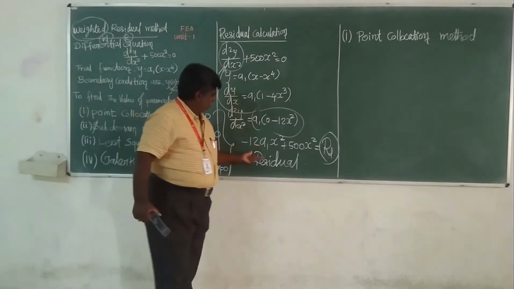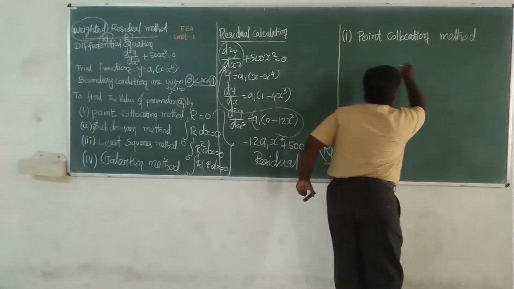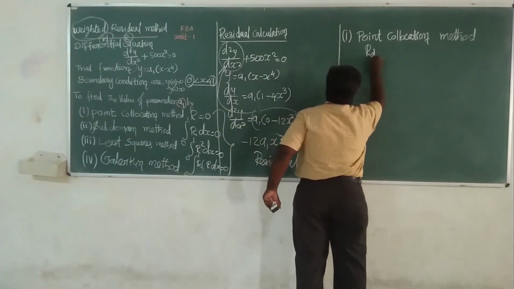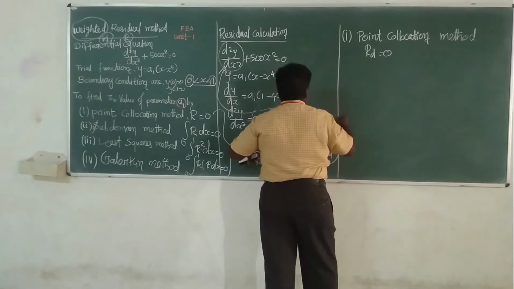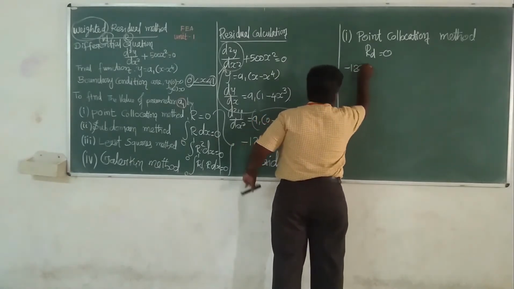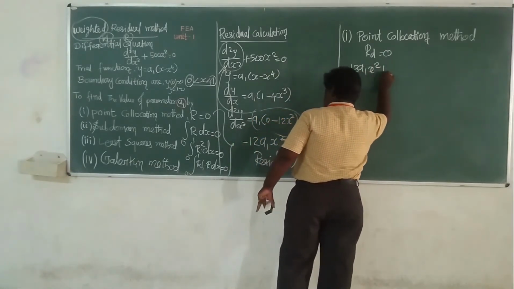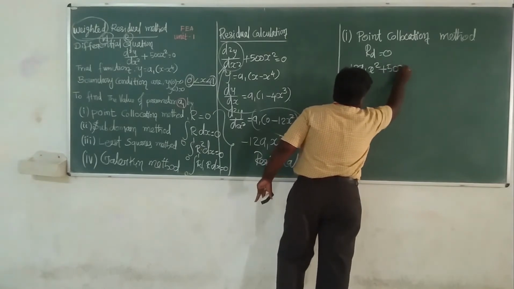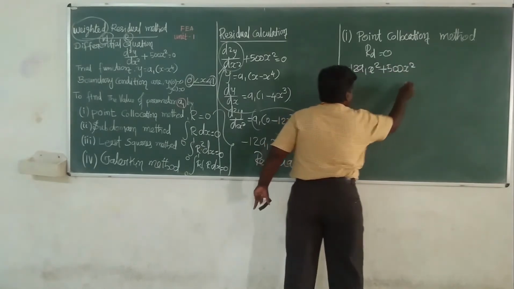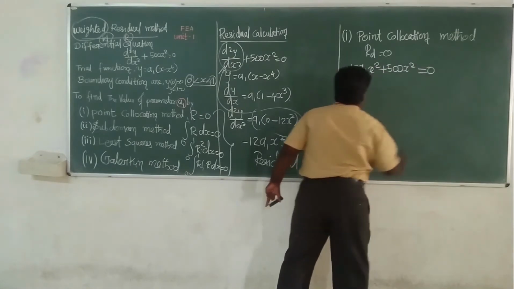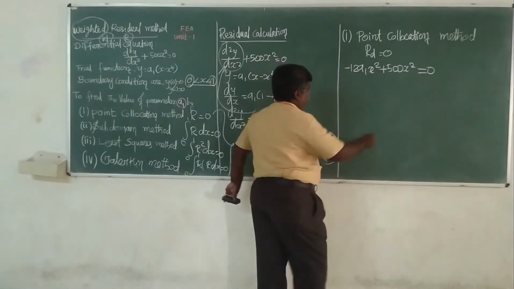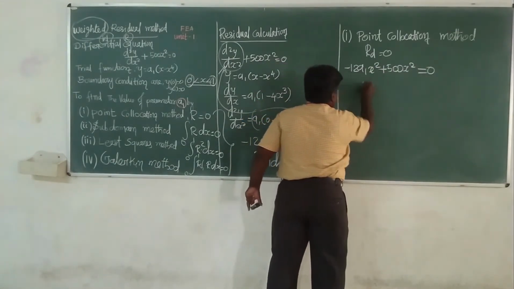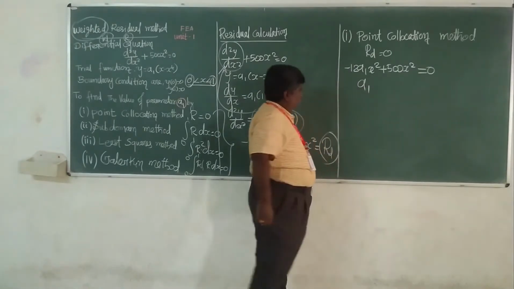So R_d = 0, giving -12 a1 x² + 500x² = 0. From that we calculate the a1 value.